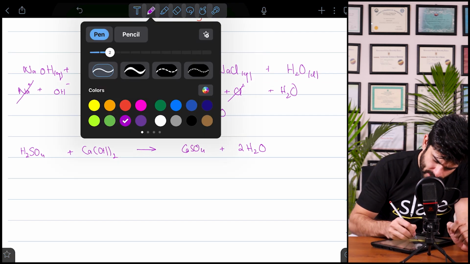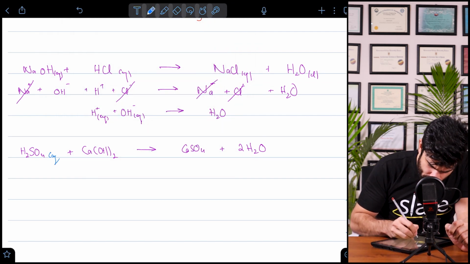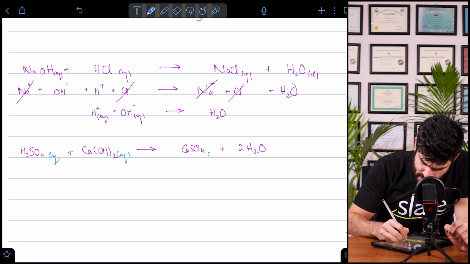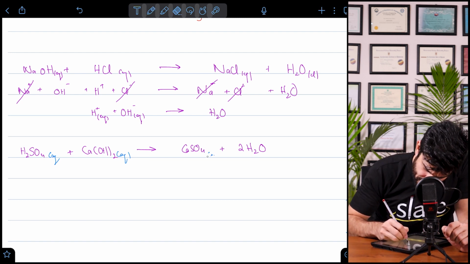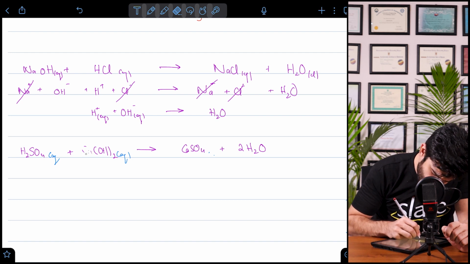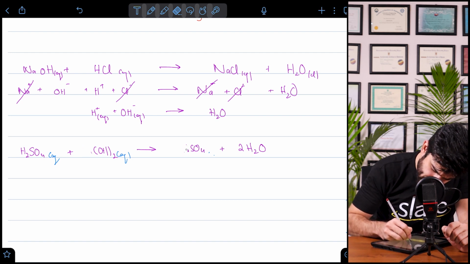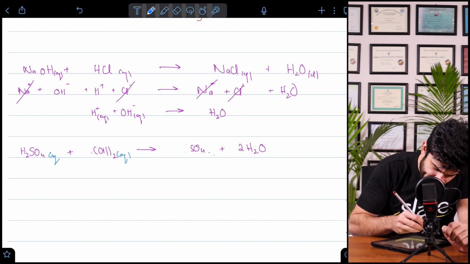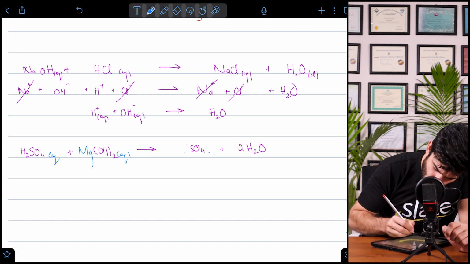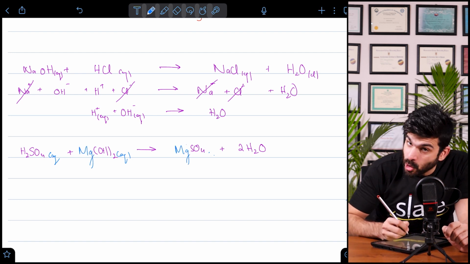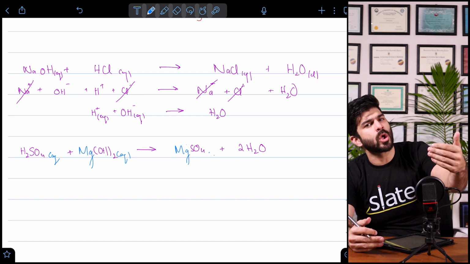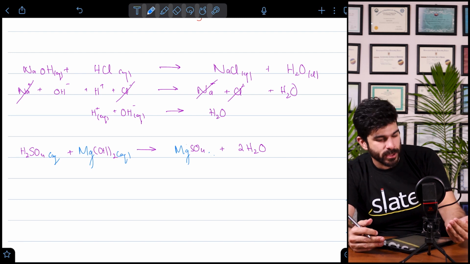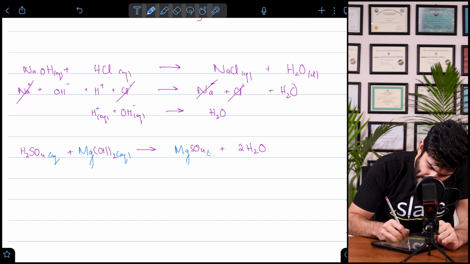But before that, acid, aqueous, alkali, aqueous. Let's not do calcium sulfate. Let's do some other example. Let's do magnesium sulfate. Why not calcium sulfate? Because calcium sulfate is a solid, so that would change a lot. It's an insoluble salt, so calcium sulfate is a different thing. In the case of calcium sulfate, it will be a solid and will not dissociate in water. So let's talk about magnesium sulfate aqueous.